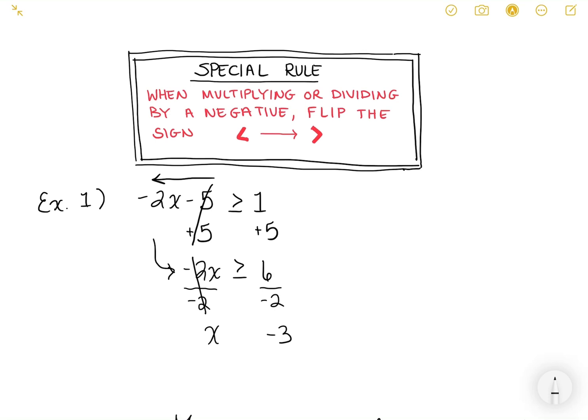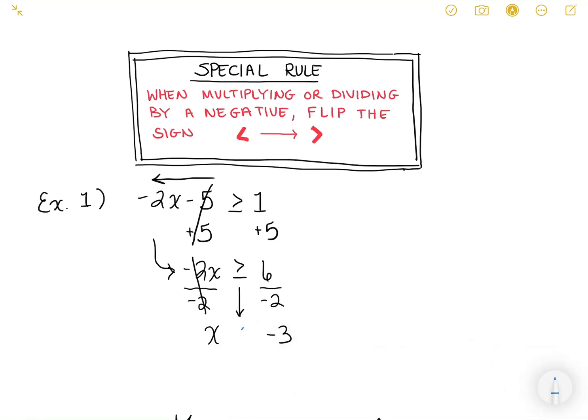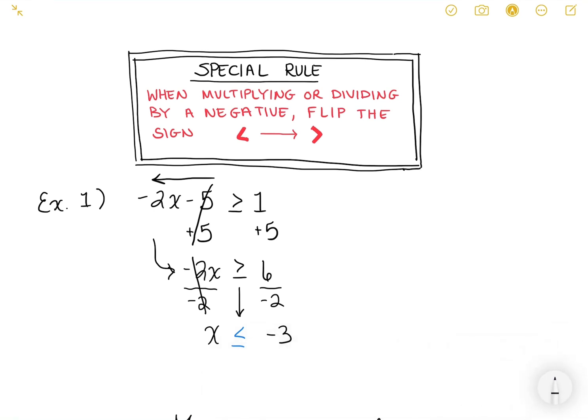When multiplying or dividing by a negative, we must flip the sign. So now, instead of it being greater than or equal to, my sign is going to be less than or equal to. So the solution to my inequality is x is less than or equal to negative 3.